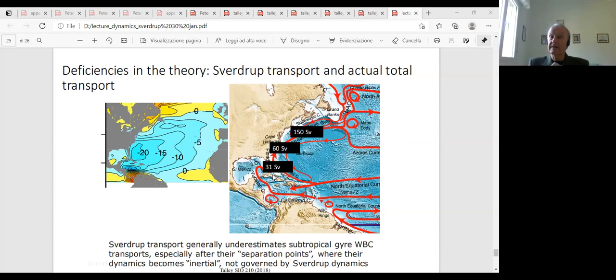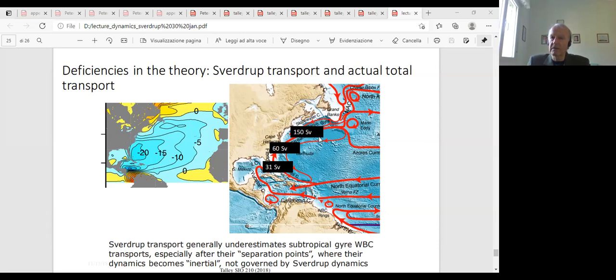So this is a huge amount of water, and a huge amount of heat and salt which is transported northward. If you go further northeast, because at a certain moment the Gulf Stream detaches from the American continent and goes toward Europe, we will see later how this influences the climate, and it reaches 150 million cubic meters per second.